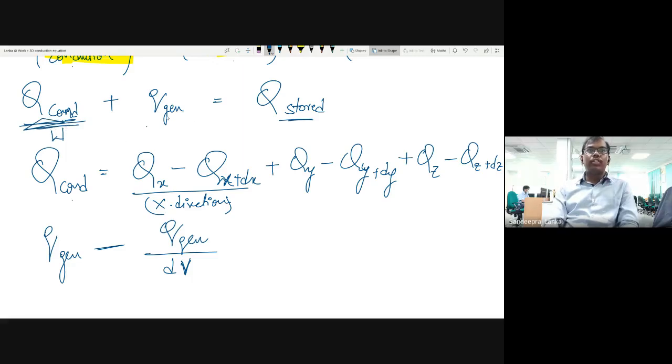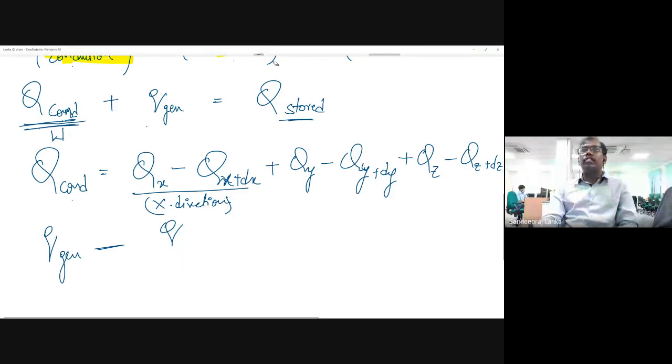So what I want to do is convert this one also into watts. The numerator is in watt per meter cube. If I take this volume, it should not be divided actually, it should be multiplied. This I should erase. So this is Q gen into dV I should take.